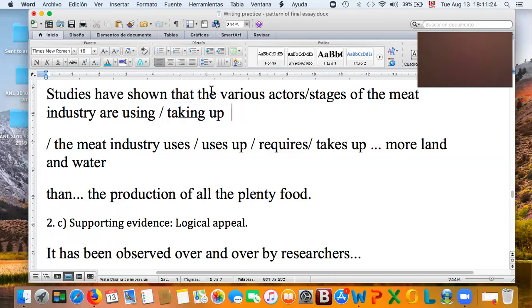So you could say the meat industry or the various actors of the meat industry are doing this. We might prefer that because we're talking about the crisis nowadays. It's very present. It's up to you. This use of the generic can sound more scientific. It can sound somewhat more objective.